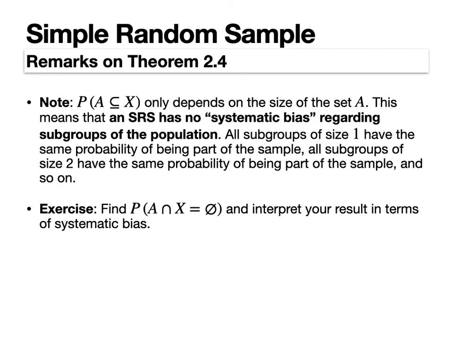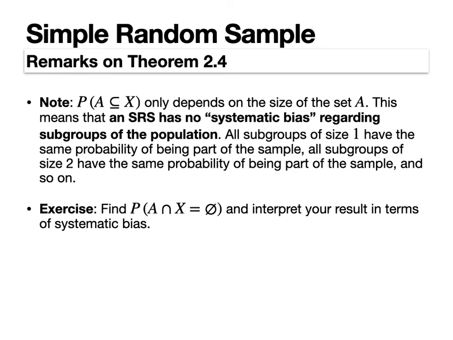In other words, all subgroups of size 1 have the same probability of being part of the sample. No individual is any more likely to be in the sample than any other individual. But not only that, all subgroups of size 2 have the same probability of being part of the sample.